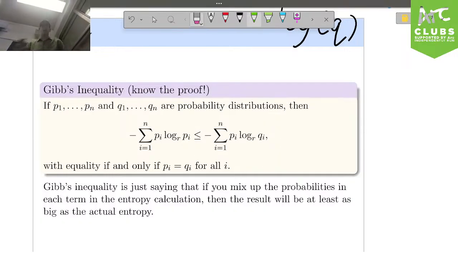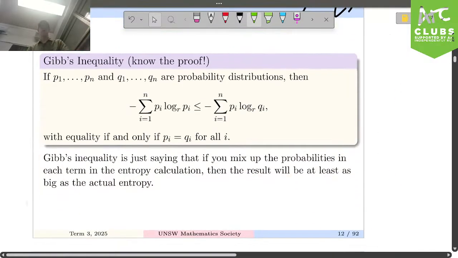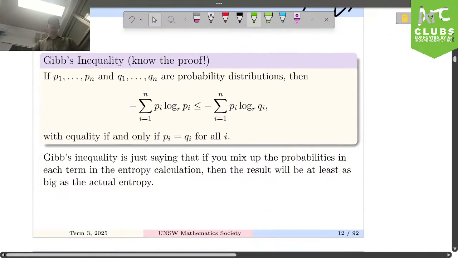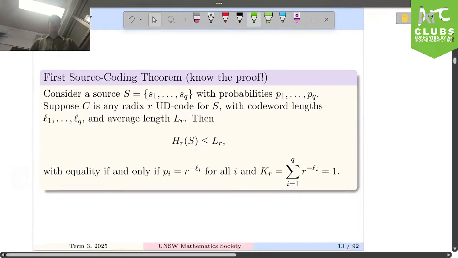So if you mix up the probabilities in your entropy calculation, you can't get any smaller amount of information from plugging in the numbers to the expression. But of course you keep the p's here.